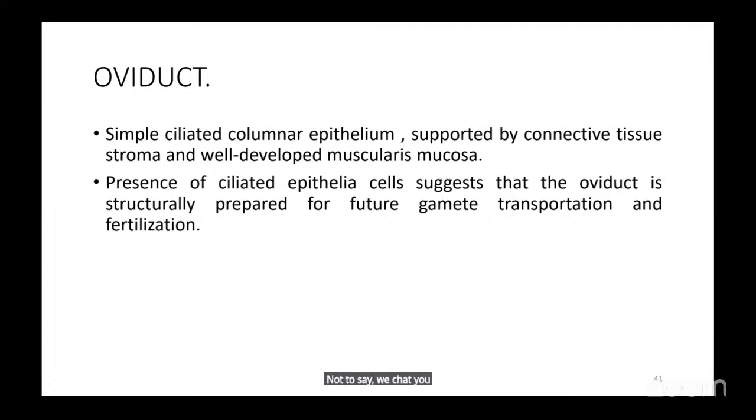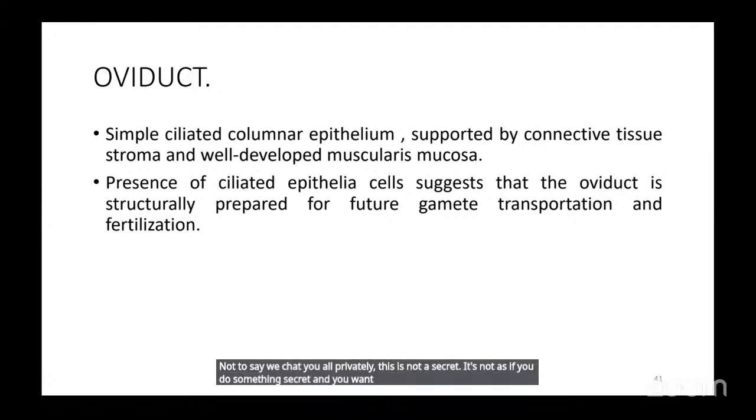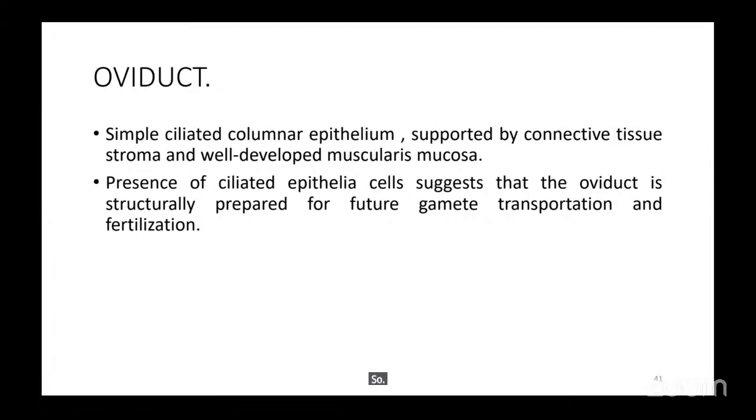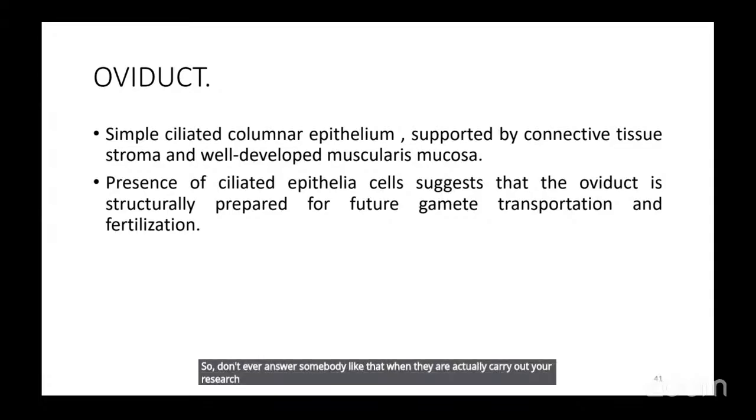This is not a secret thing. Nobody is saying you should release your patent to him. So don't ever answer somebody like that when they ask where you carry out your research. You should be able to tell the person.